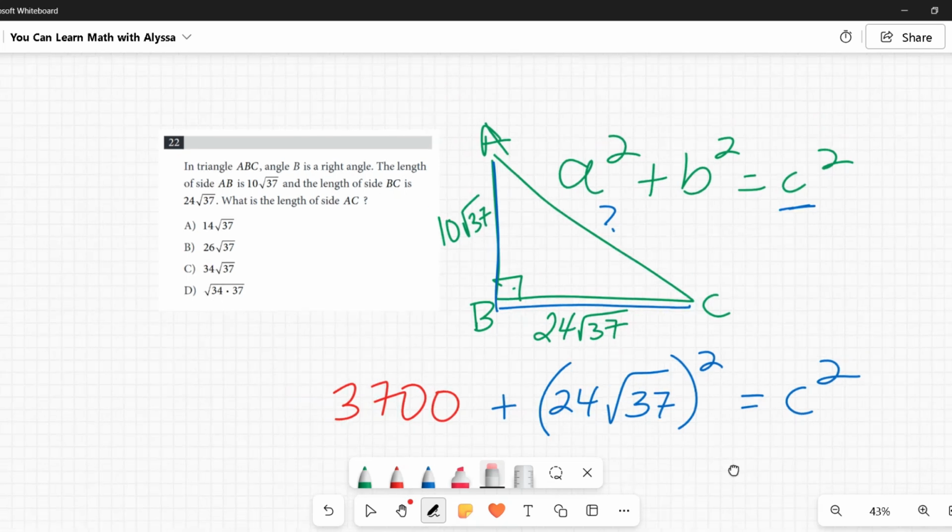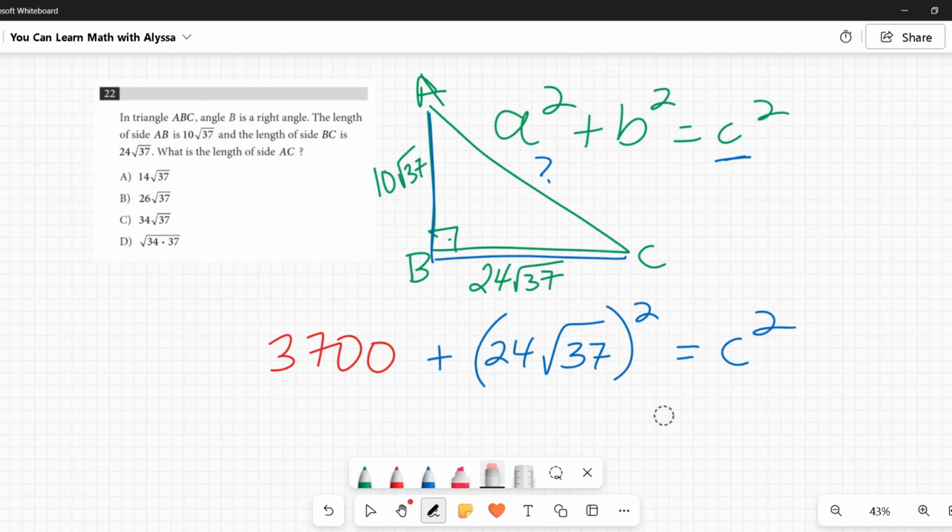Okay, on to our next one. We have 24 square root of 37 squared. Same exact thing applies. It is 24 times the square root of 37, and when we square it, we multiply it by itself. So times 24 times square root of 37. And then we can reorder those. So 24 times 24 times square root of 37 times square root of 37.